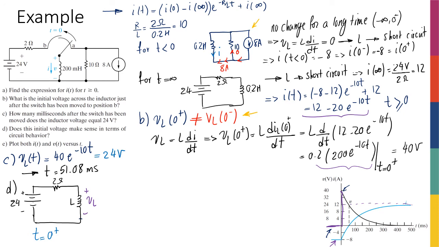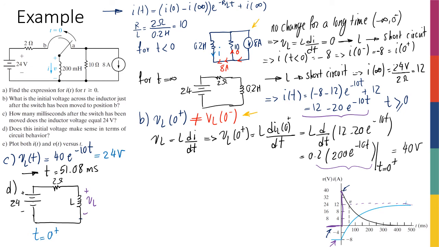Well, if you think about it, the only thing that we know at t equal to 0 plus for sure is the current of the inductor. Again, the continuity is for the current of the inductor. What is the current of the inductor at that moment? It's -8, so we found it up here.